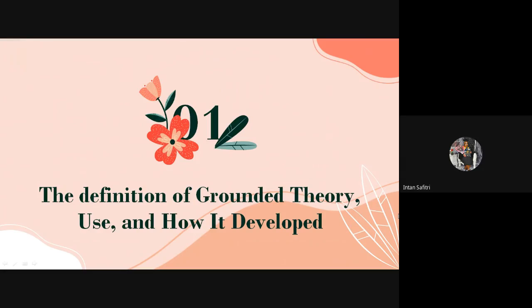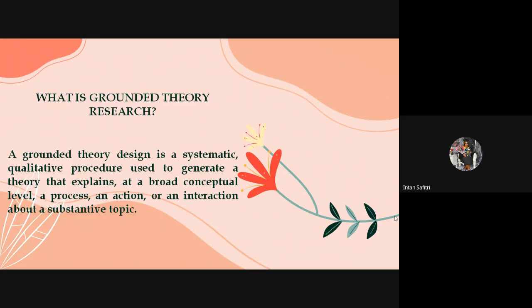So here we would like to discuss the definition of grounded theory, its use, and how it developed. Next, please. What is grounded theory research? A grounded theory design is a systematic qualitative procedure used to generate a theory that explains, at a broad conceptual level, a process, actions, or interactions about a substantive topic.